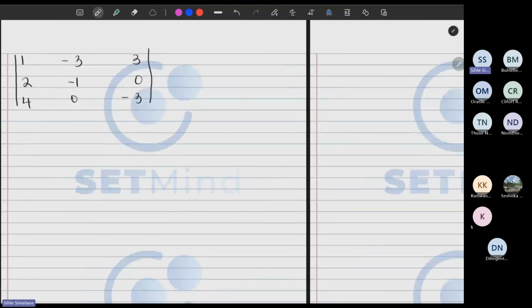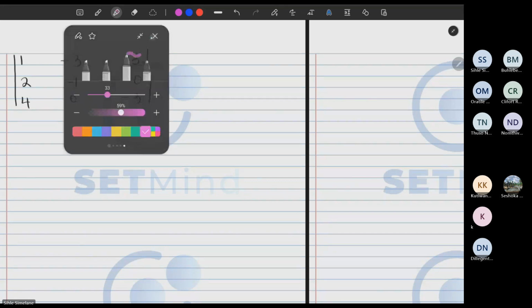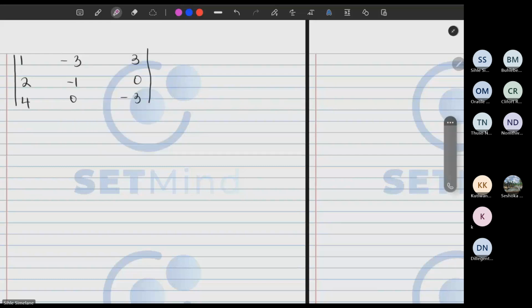Okay, so which row should we take here, or column? Anyone? Anyone in the meeting? Which row or column should we take?